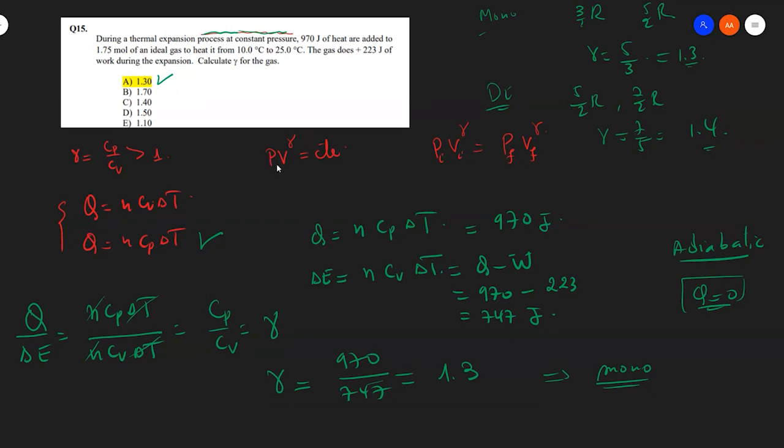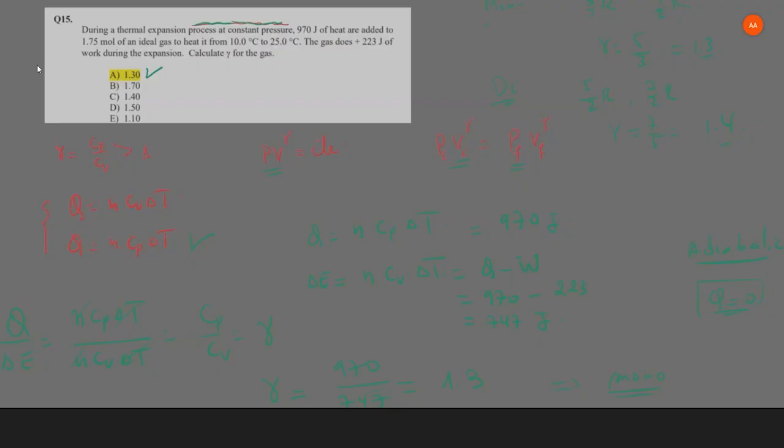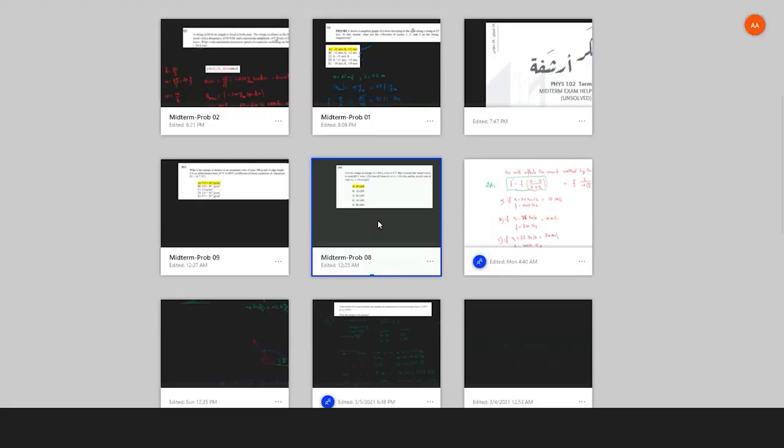I was just summarizing here. But the process which is given is constant pressure, so we use n CP delta T. Okay, great. I will take all the different questions later on.